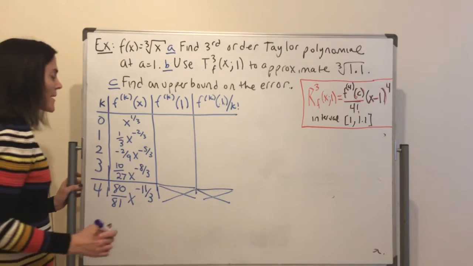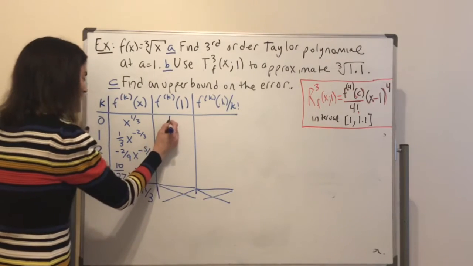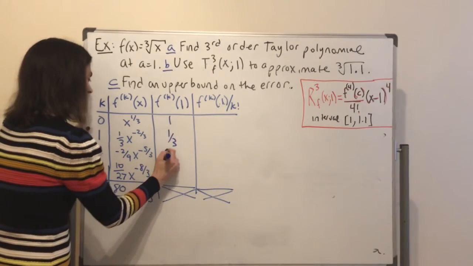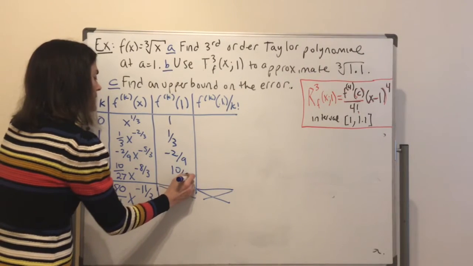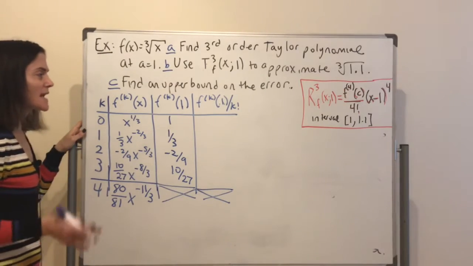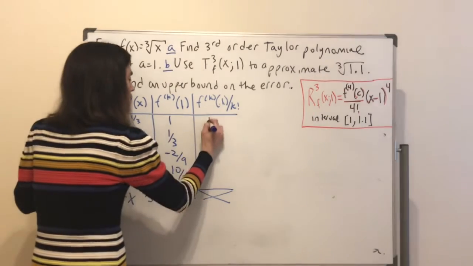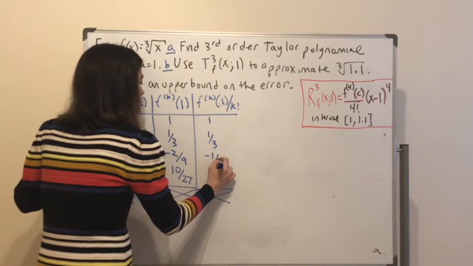Now I evaluate at 1. This is the easy part. 1 to any power is 1, and so I just get these. And finally, I divide each term by k factorial. So I get 1, 1/3, and 2 factorial is 2.